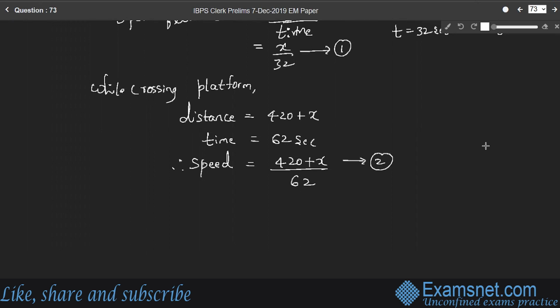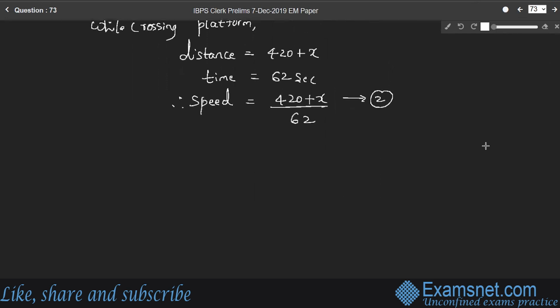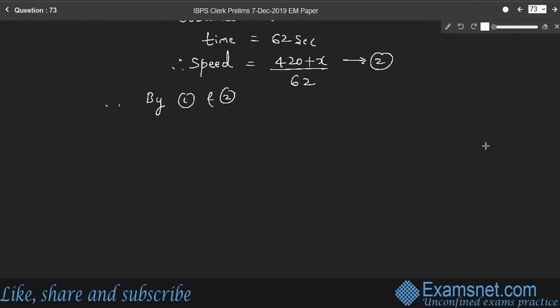So by 1 and 2, we can equate the speed of the train. Since the speed of the train is constant, x by 32 is equal to 420 plus x divided by 62.